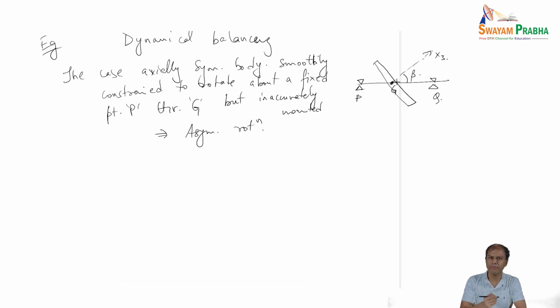Had beta been 0, then it would have been perfect alignment, and so this is not the case. So the question that we typically ask is, what is the effect this misalignment has on the pivots?